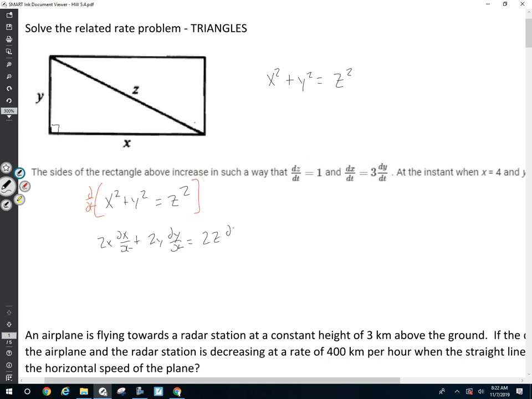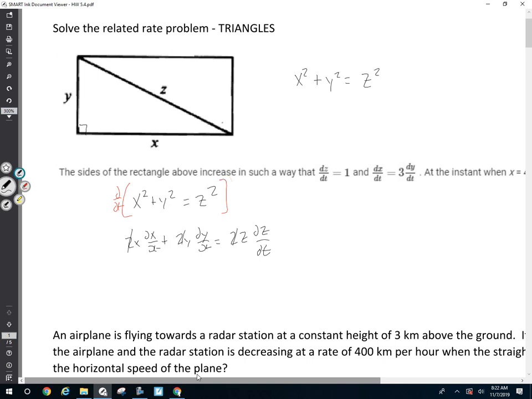One thing I can note right away is that they all have a 2, so I can cancel the 2. All right, so we want to find dx/dt. So this is what I'm trying to find.